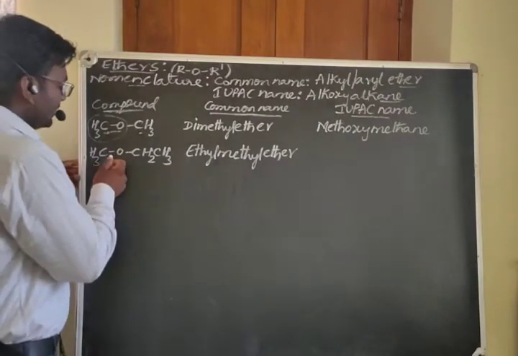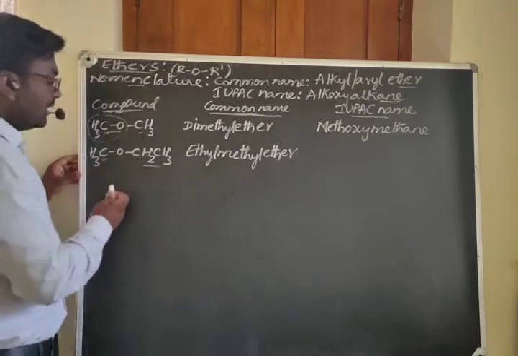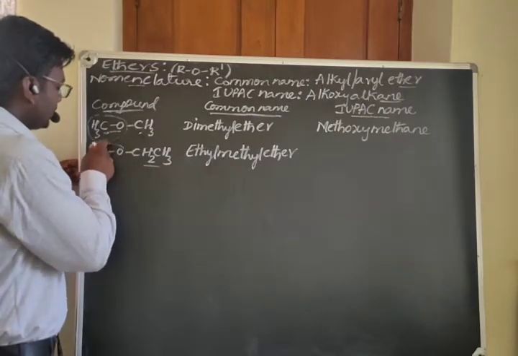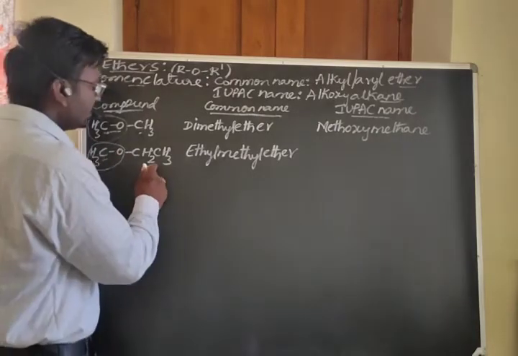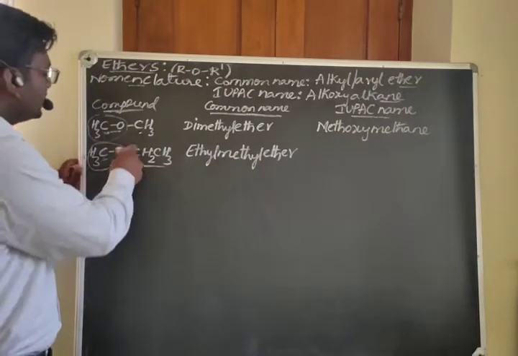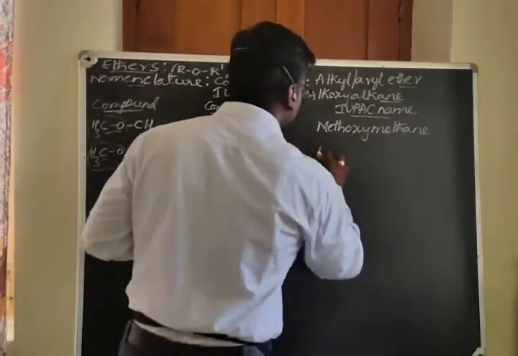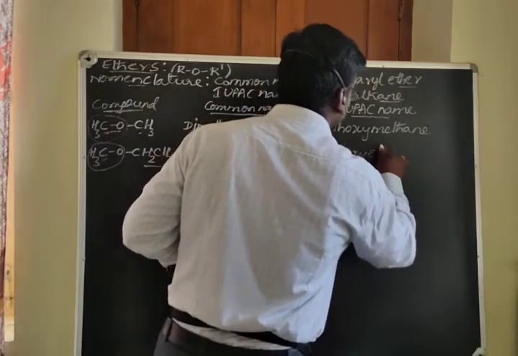This contains one carbon and this contains two carbons, so the smaller one becomes the substituent. Methyl plus oxygen is methoxy, and the word root is for the two carbons, ethane. So it is methoxyethane.